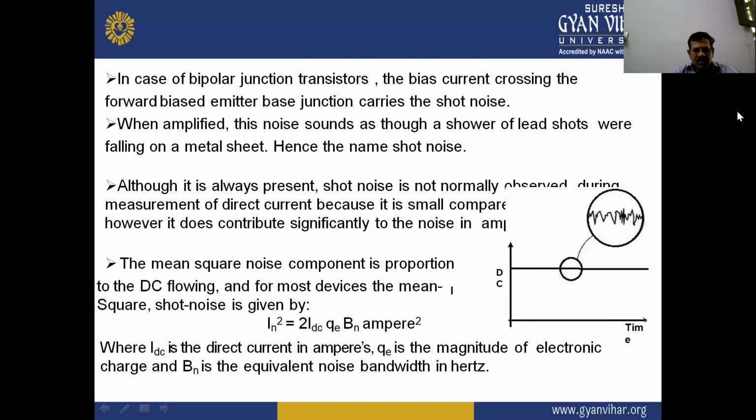The mean square noise component is proportional to the DC flowing, and in most devices the mean square shot noise is given by In square equals 2 IDC Q BN amperes square, where IDC is the direct current in amperes, Q is the magnitude of the electronic charge, and BN is the equivalent noise bandwidth in hertz.